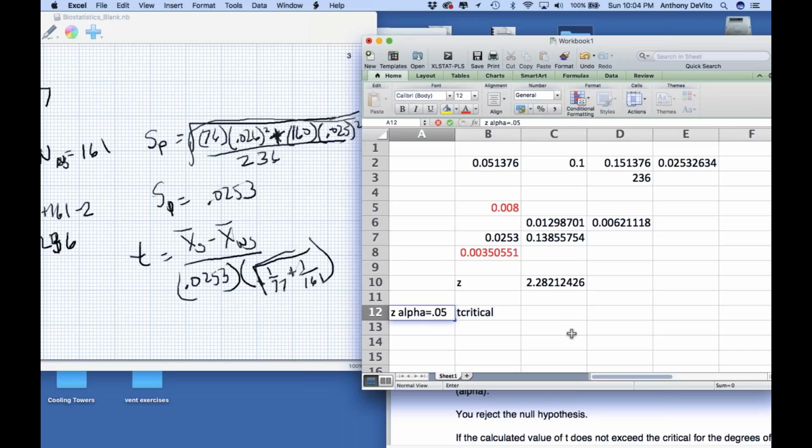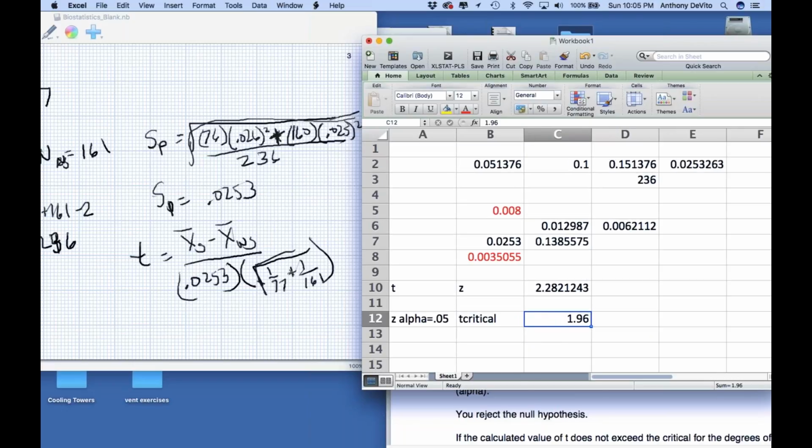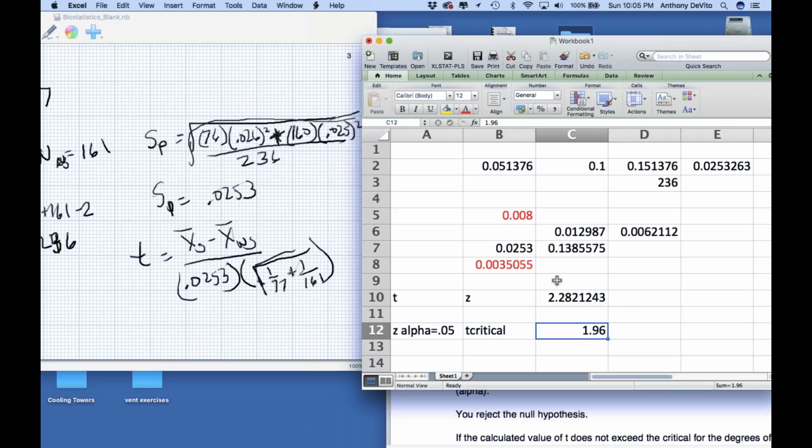They're the same because it's such a big sample, right? We're not going to differentiate. But yes, it's equal to 1.96. So in this case, does my z-score or my t-score that I calculated exceed t critical? The answer is yes. Of course, I can reject my null hypothesis and accept my alternative hypothesis.